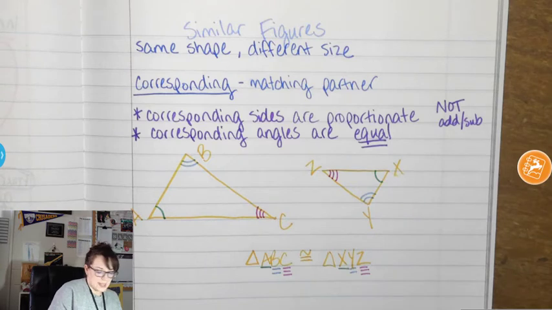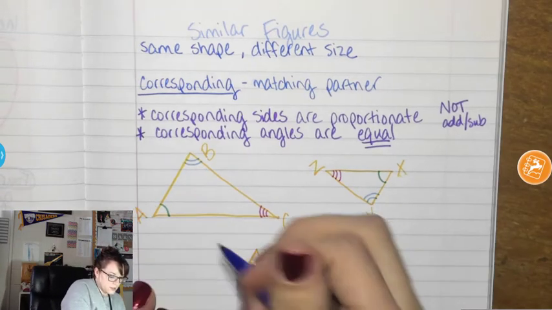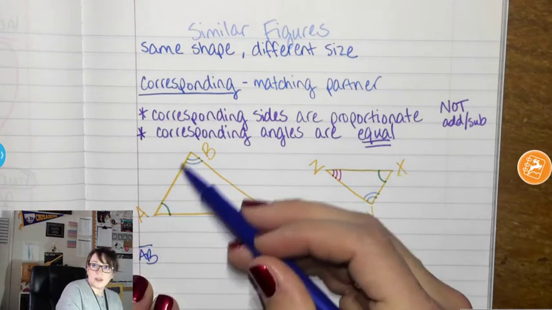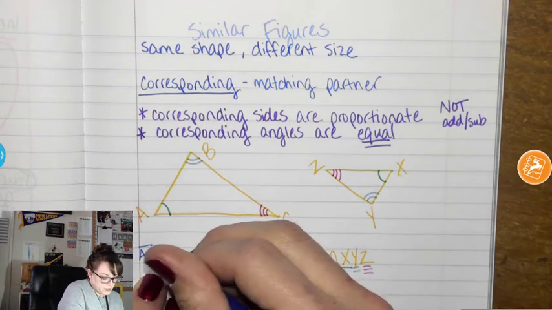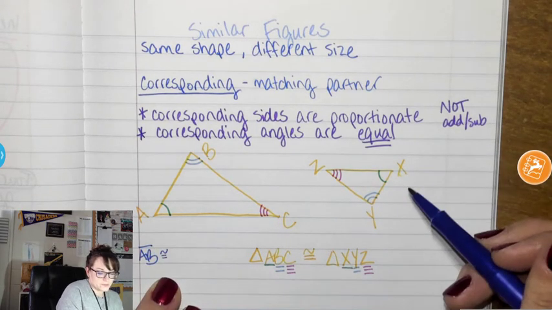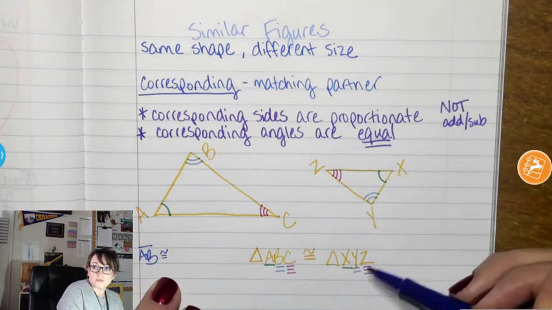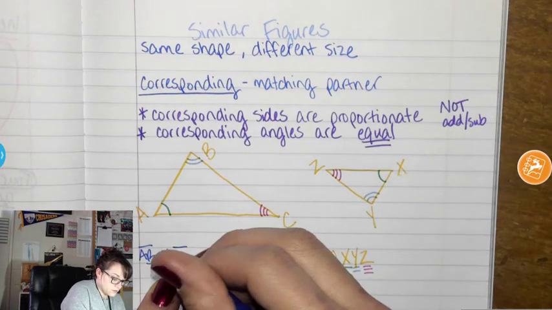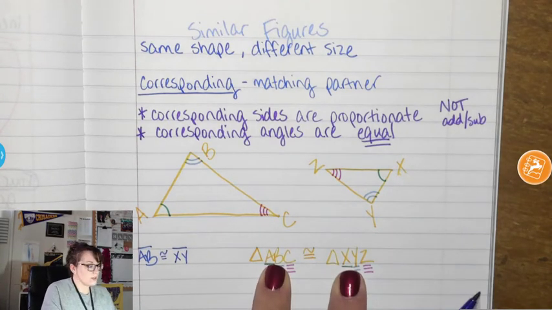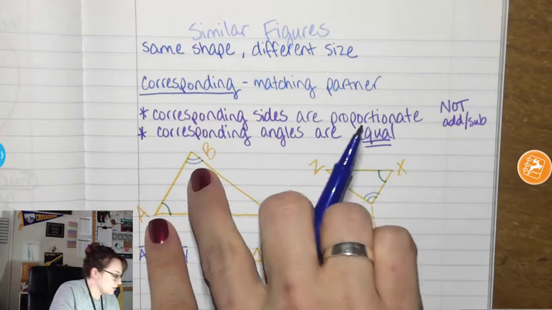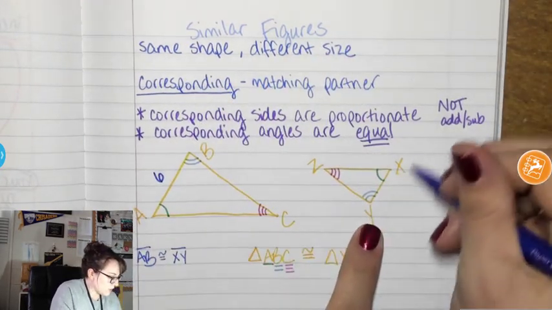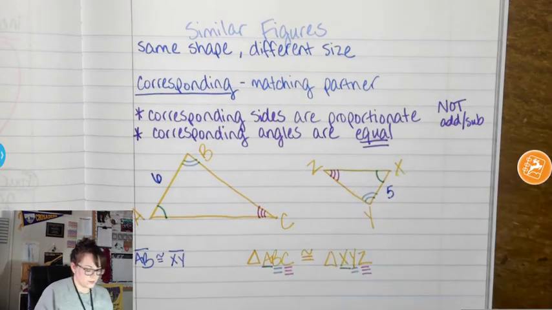So if I wanted to say line AB, which is this one, which line over here is it similar to? XY, yeah. So if it's AB, the first two, it goes with XY, the first two. So this one, which is 6 long, goes with this one over here, which is 5 long.